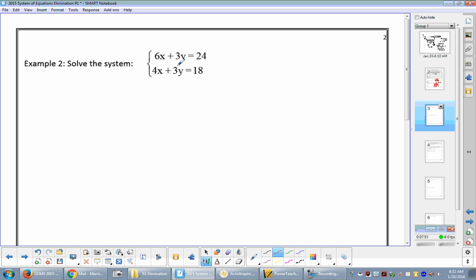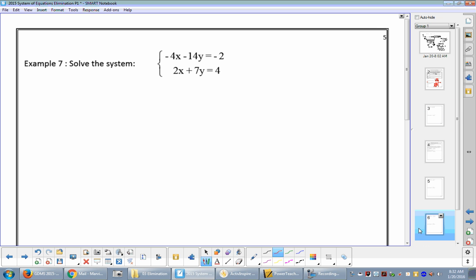So how can we eliminate 3y and 3y? Can we eliminate that by adding or by subtracting? Subtracting. So in this case, we are going to subtract the two equations.